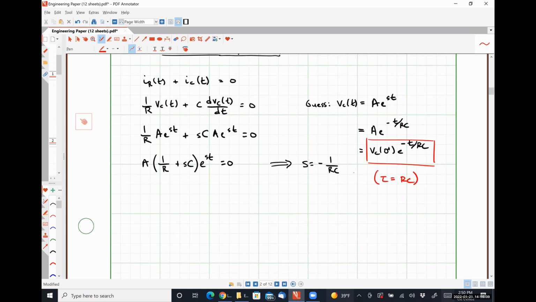So in general, we will analyze the circuit at t is equal to 0 minus. Analyze the circuit at t is equal to 0 plus.